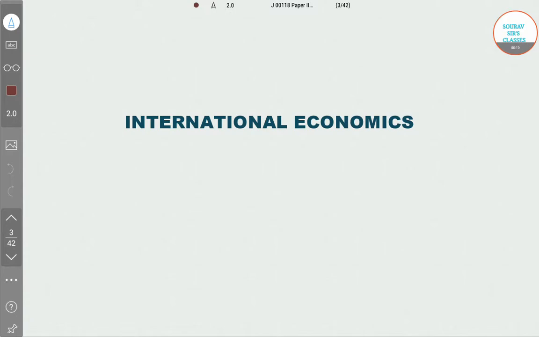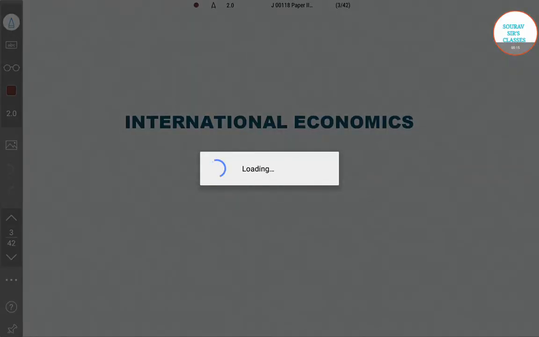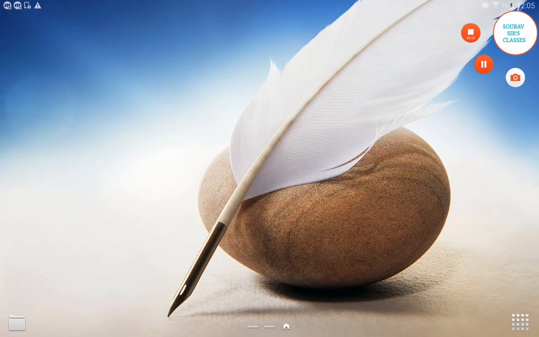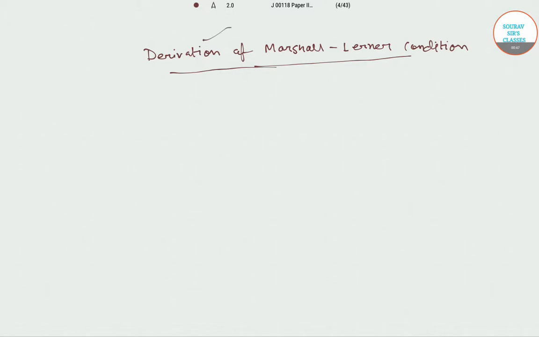We will derive the Marshall-Lerner condition.